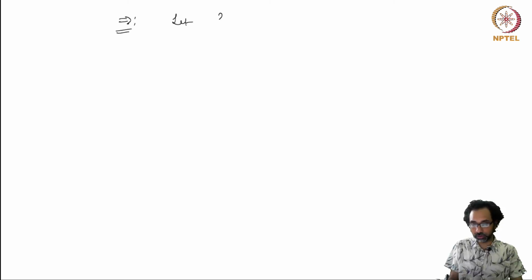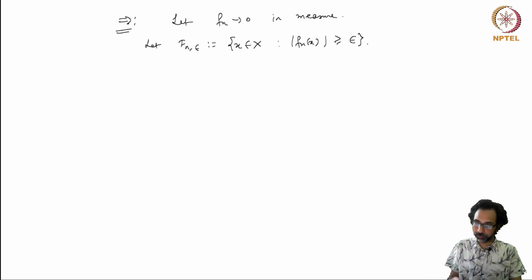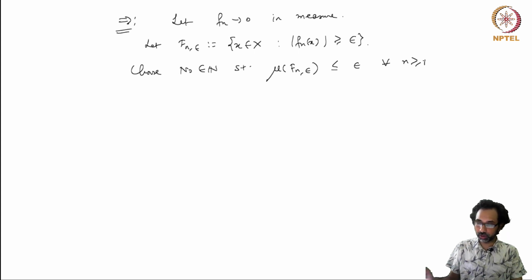Now for the forward implication, let Fn converge to 0 in measure. So let again Fn epsilon be the set of points such that |Fn(x)| is greater than or equal to epsilon. Now choose n naught such that the measure of Fn epsilon is less than or equal to epsilon for all n greater than or equal to n naught.